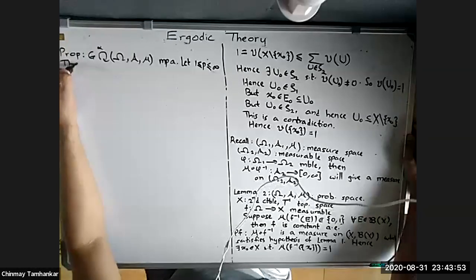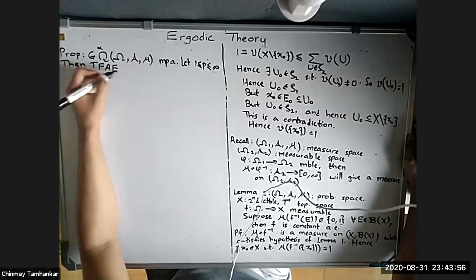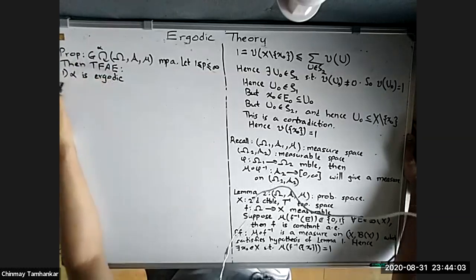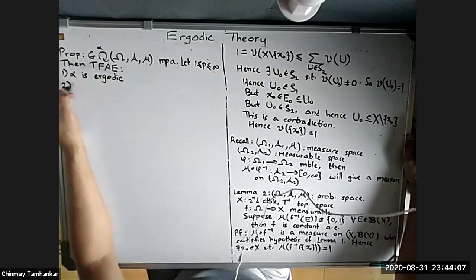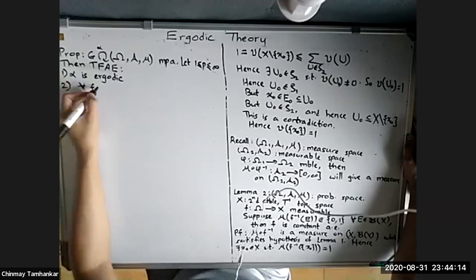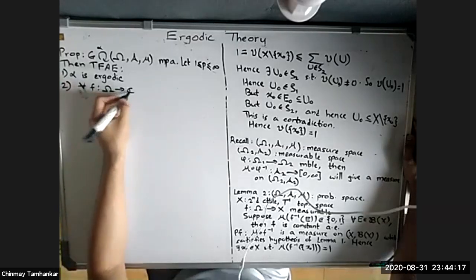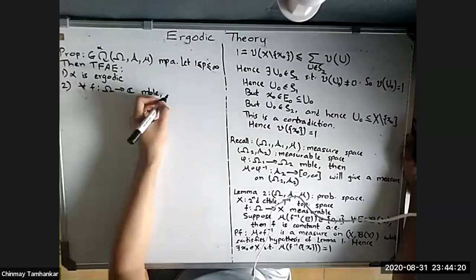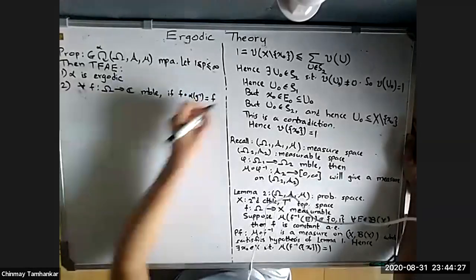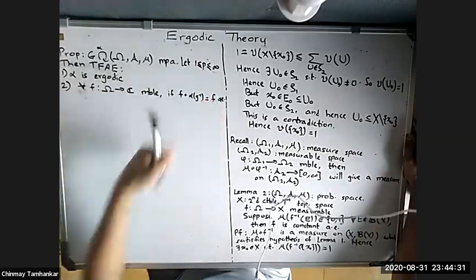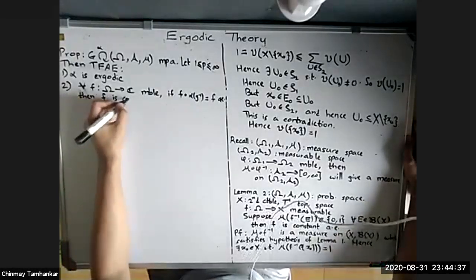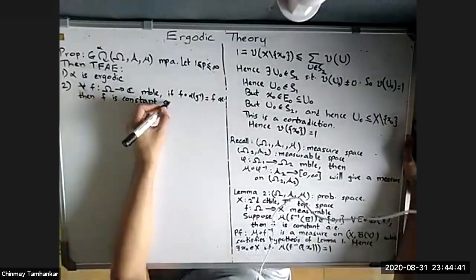So then first is, for all f, if f composed alpha g inverse is f almost everywhere, then f is constant almost everywhere.